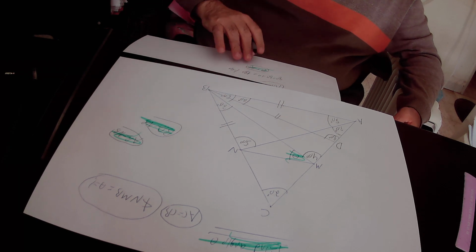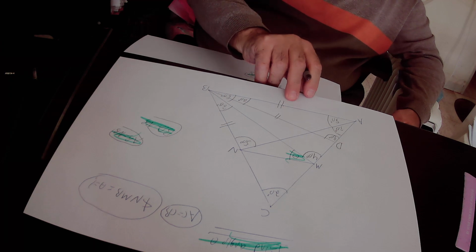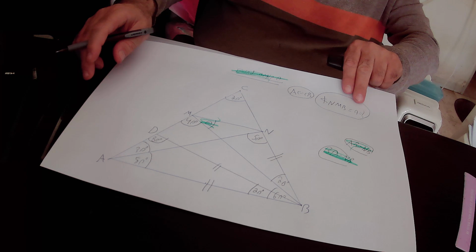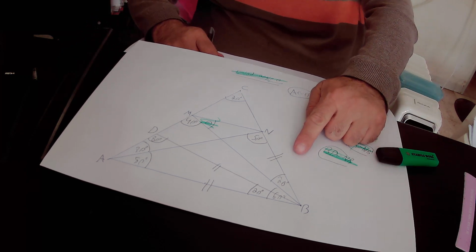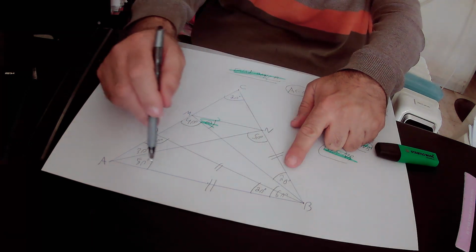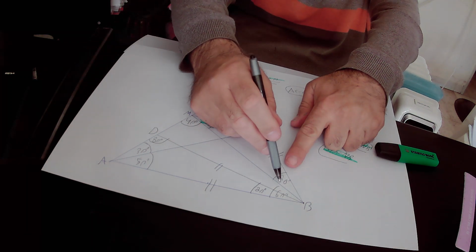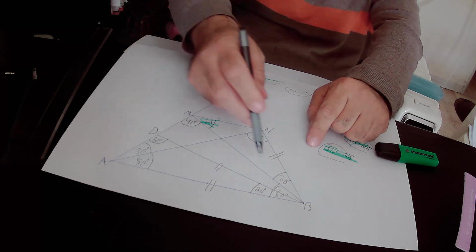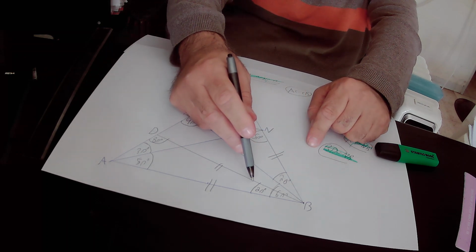So here we have the big angle MBA equals 60 degrees in its size. The small angle DBA equals 20 degrees in its size.